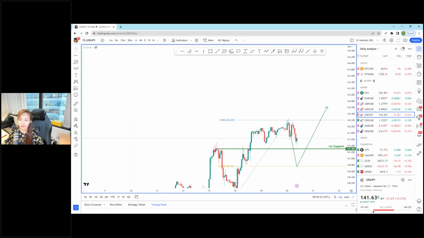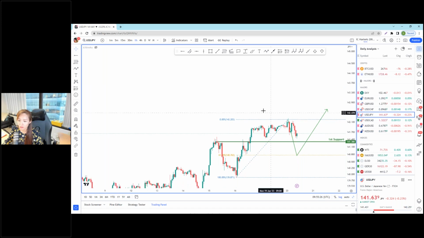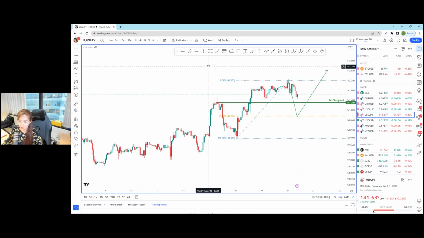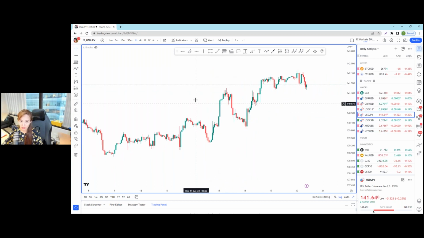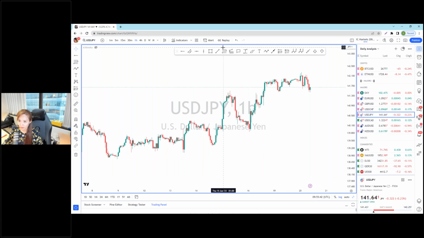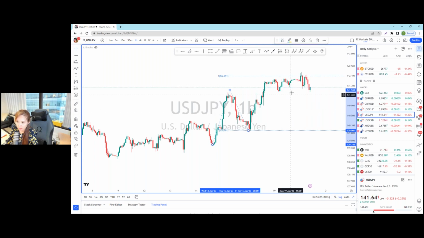I'm going to draw my projection, my 1, 2, 3. I know that price projects at 100% here, but I will aim for 78.6%, which is around here.